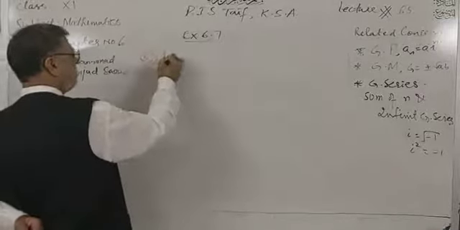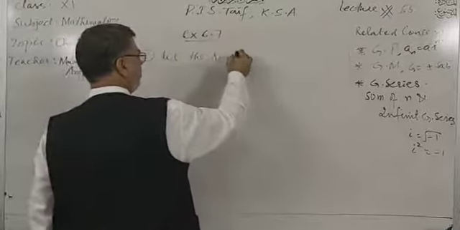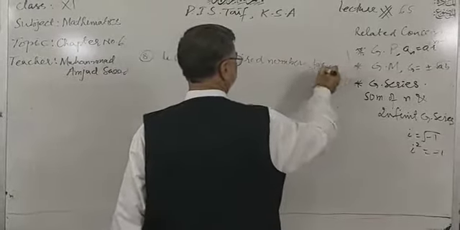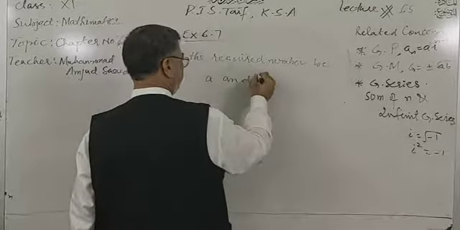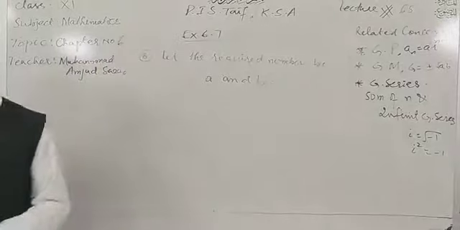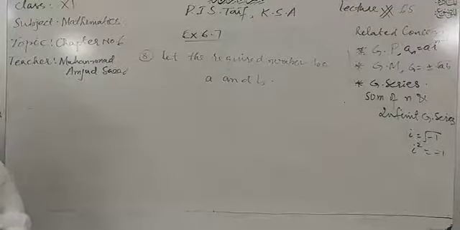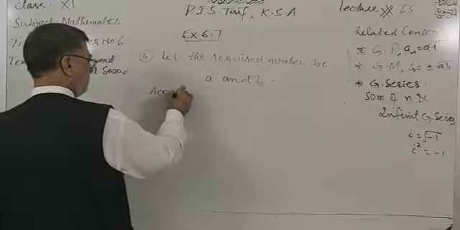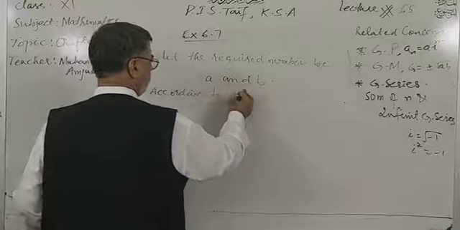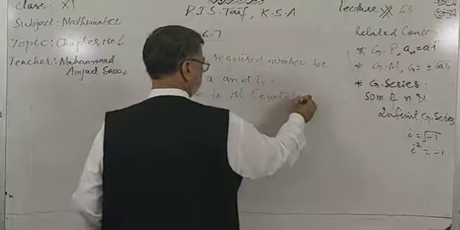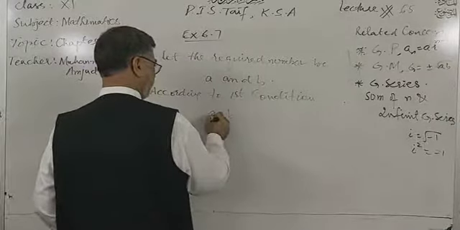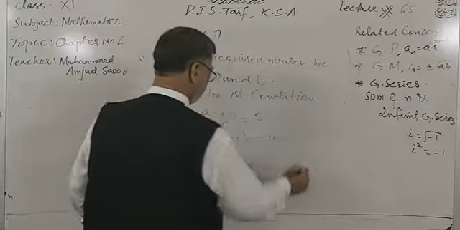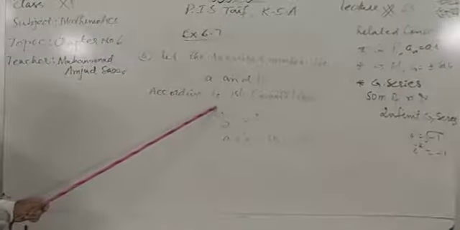Let the required numbers be A and B. According to the first condition, the arithmetic mean between A and B is equal to 5.